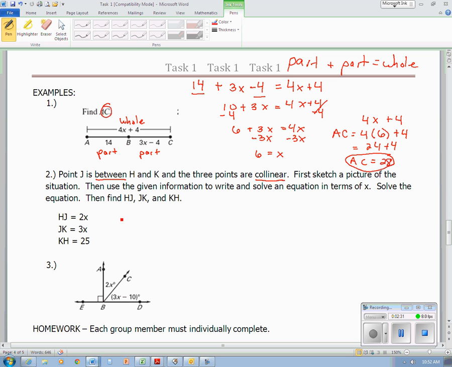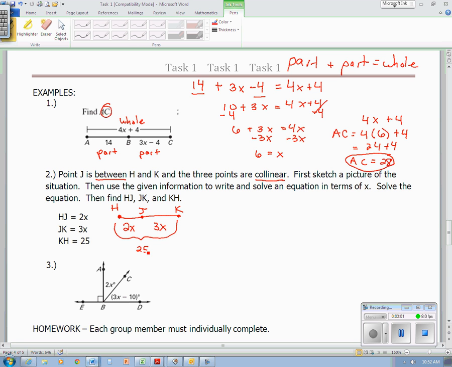So J has to be between H and K. So if we draw a segment, okay, and J has to be between H and K. All right, and they're telling me that HJ is 2x and JK is 3x, and the whole thing is 25. H to K is 25.